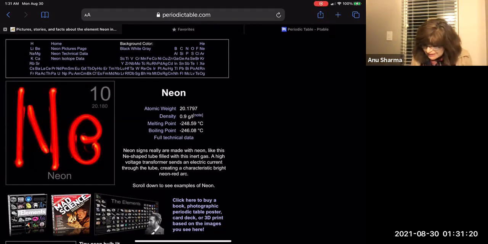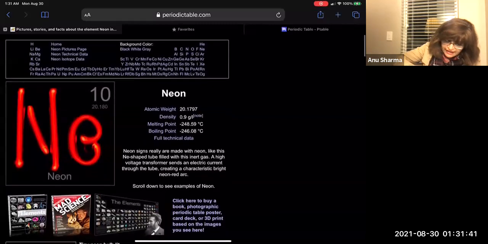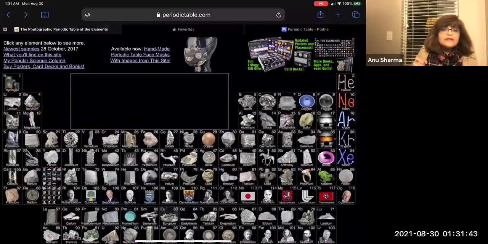The density is 0.9 grams per liter, which means it's a very light gas. A negative melting point and boiling point always means that it's a gas. So neon is used in neon signs, and you've seen that. So that is an element.